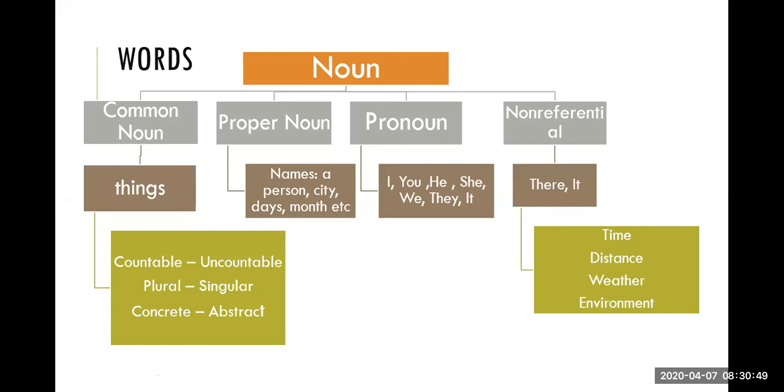When we want to talk about time, we don't say 9 o'clock. No, we need a subject there, so we say it's 9 o'clock, or it's the distance. When we talk about the distance from our school to our house, we will say it's 4 kilometers, not just simply 4 kilometers.